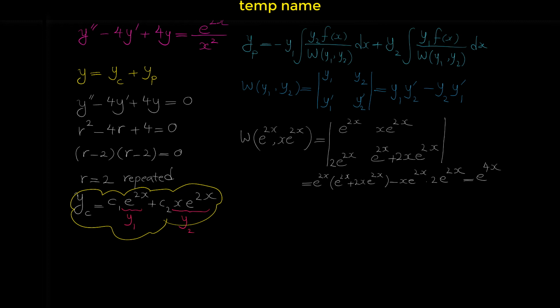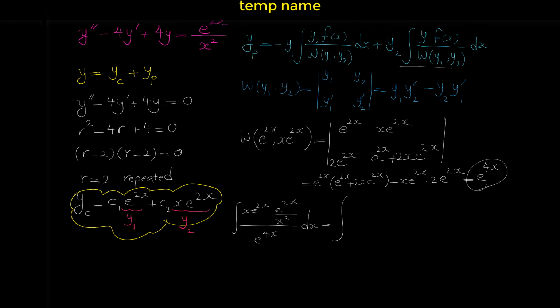Now that we have the Wronskian, let's calculate these two integrals. Integral of y2. What is y2? It is this expression, x e to the 2x, times f of x. f of x is this expression that we have here, e to the 2x over x squared, all of this over the Wronskian, e to the 4x, dx.